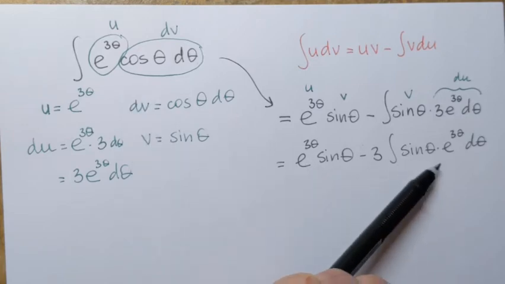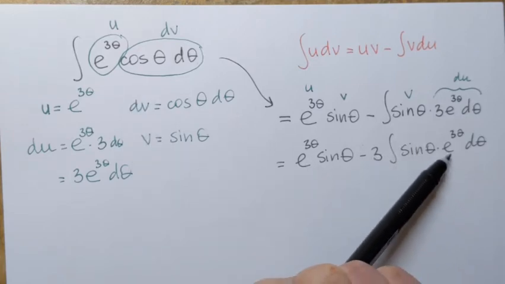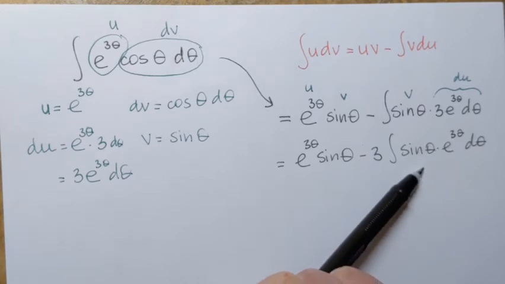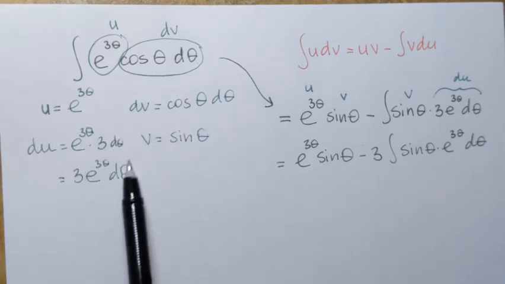We still have a trig function, we still have e to the power 3 theta, so it's not looking better, it's about the same. So the first thing that can come to our mind is that maybe our choice of u and dv here was not a good choice.